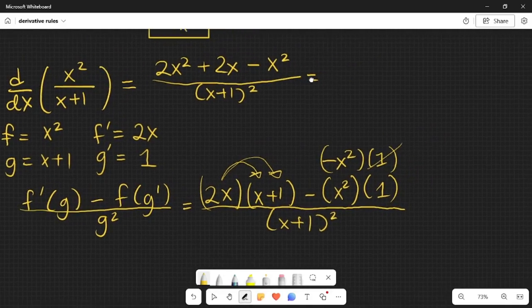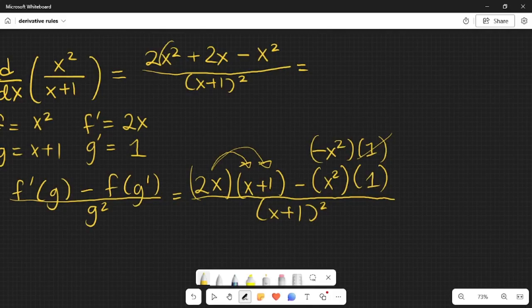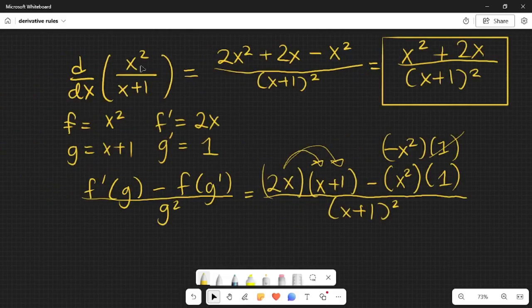Simplifying this, since these two are the same kind of term, we can subtract them. So 2x squared minus x squared is x squared. And then we're just going to copy 2x. And that would be over x plus 1 squared. The derivative of x squared over x plus 1 is x squared plus 2x over x plus 1 raised to the second power.